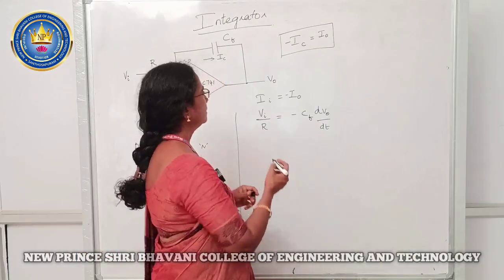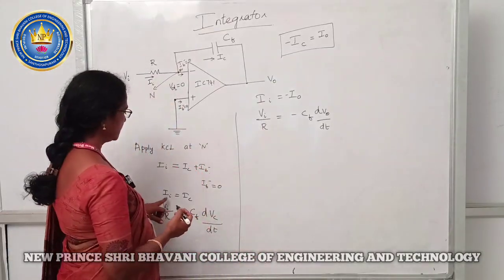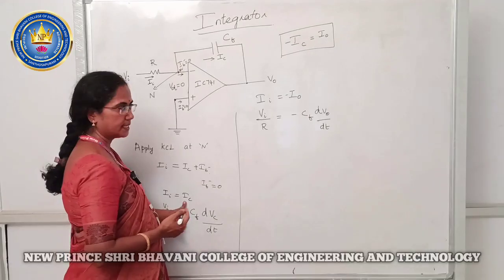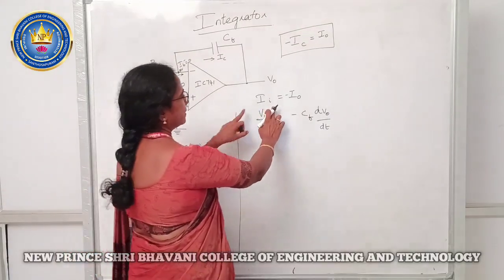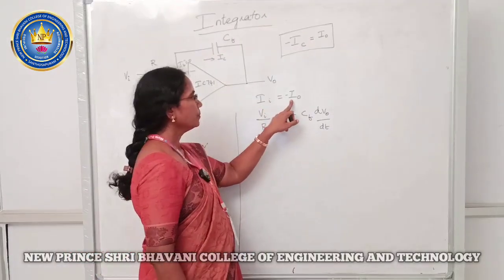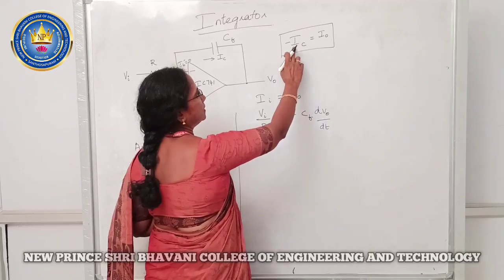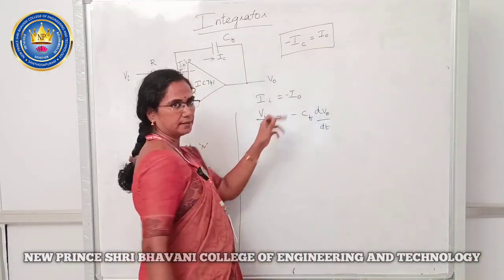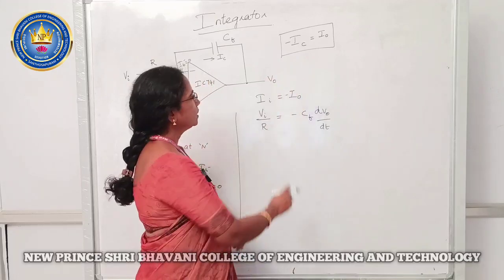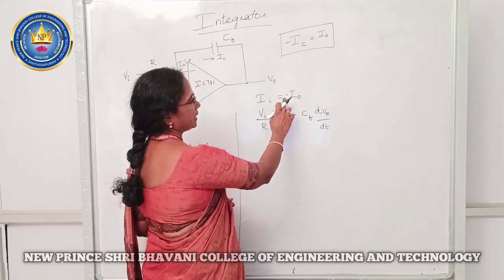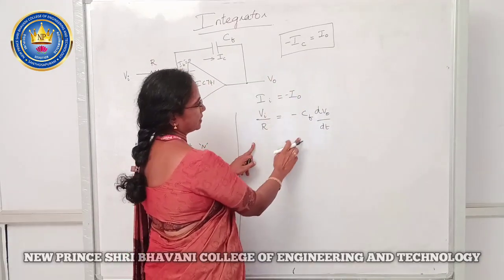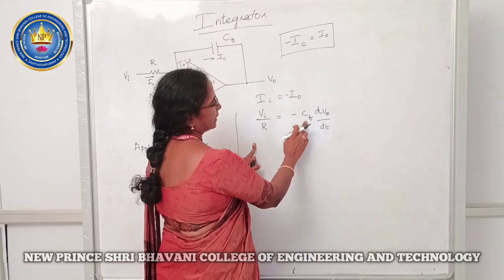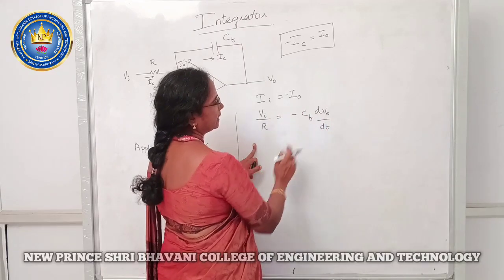And so, II is equal to IC can be rewritten as II is equal to minus IO, that is, the capacitor current and the output current have a 180-degree phase shift. So, now the minus has been included. If we write the equation, we will get CF into dV0 by dt.